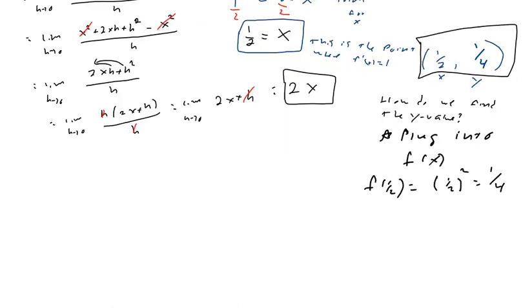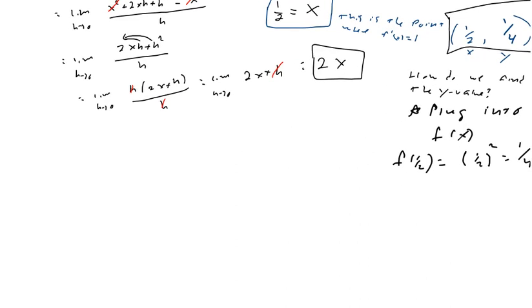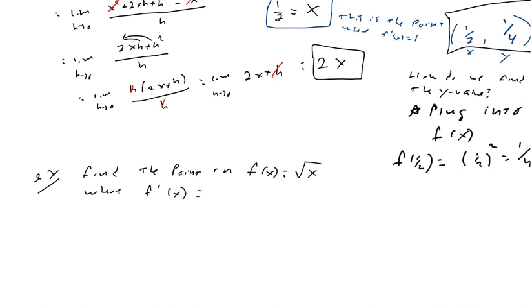For example, find the point on f of x equals, let's find a complicated one, square root of x, where f prime of x equals, let's say, 3/2.